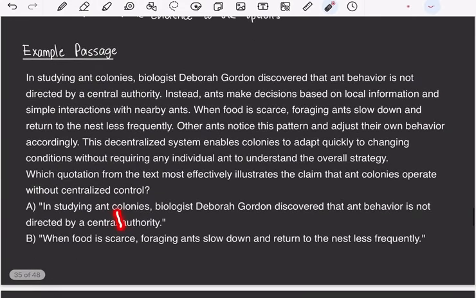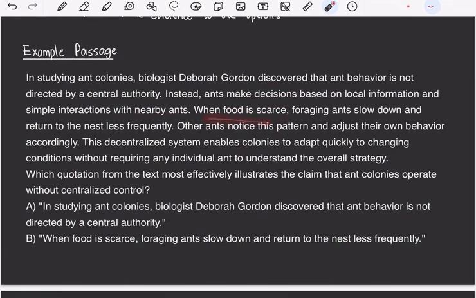So I will go through an example so that you'll be able to understand what kind of questions I'm talking about here right now. So in studying ant colonies, biologist Deborah Gordon discovered that ant behavior is not directed by central authority. Instead, ants make decisions based on local information and simple interactions with nearby ants.